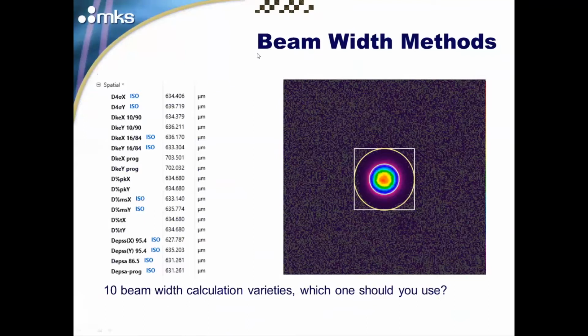So just going over some of the list directly here, we have the 4 Sigma, Knife Edge 1090, Knife Edge 1684, which is the ISO version of Knife Edge. A user programmable. We have percent of peak, moving slit, ISO method, percent of total energy, the encircled power smallest slit from ISO, encircled power smallest aperture from ISO, and a programmable version of the same thing.